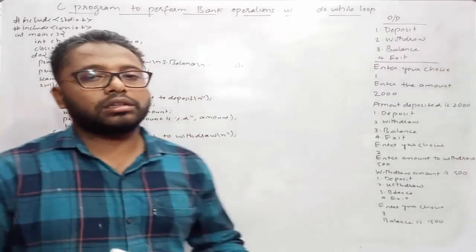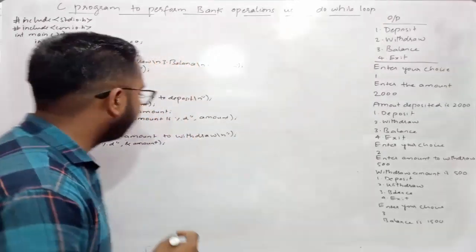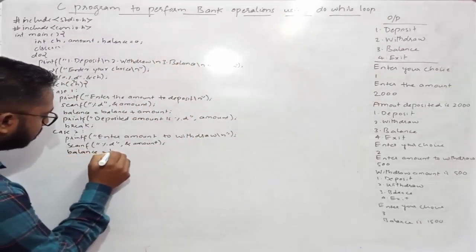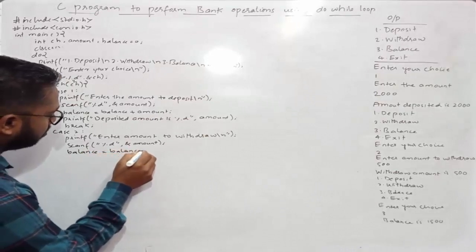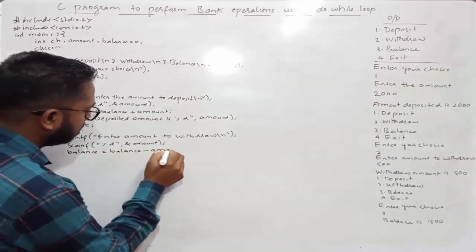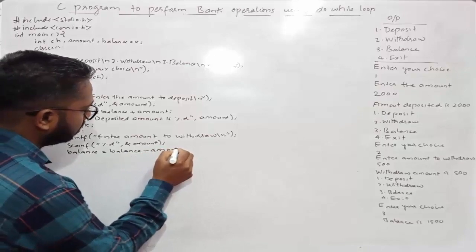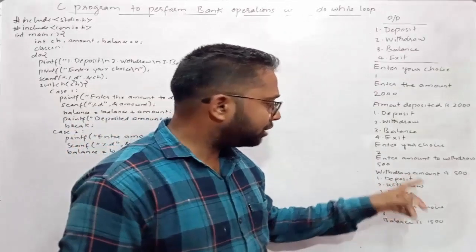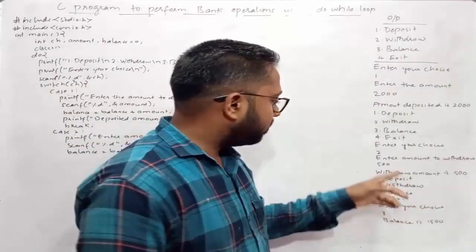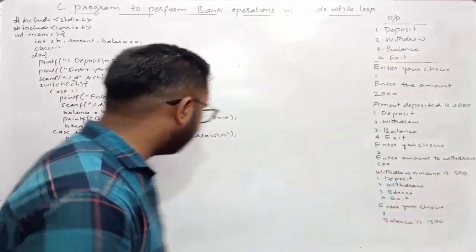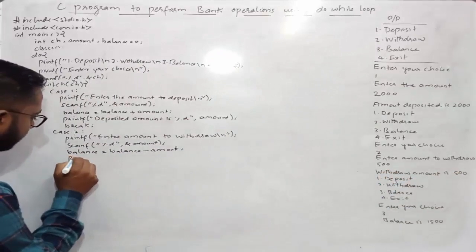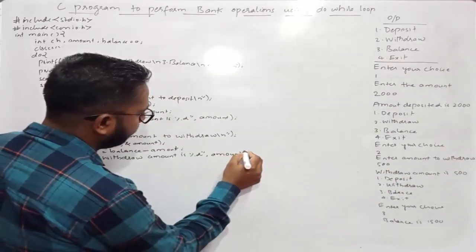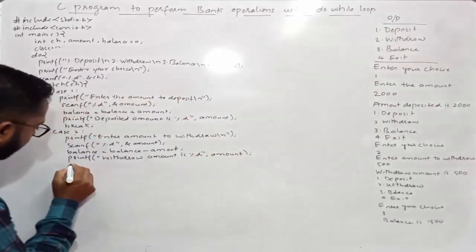Now I need to deduct the amount from the balance. Balance equals balance minus amount. Now I need to display the amount which is withdrawn. Withdrawal amount is 500. Printf amount. Then break.